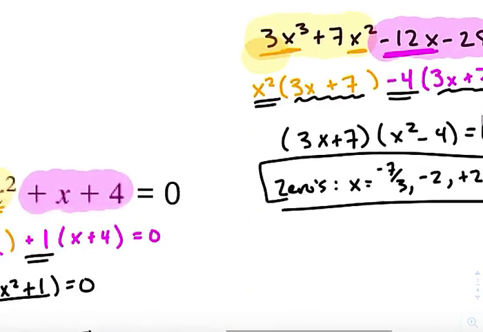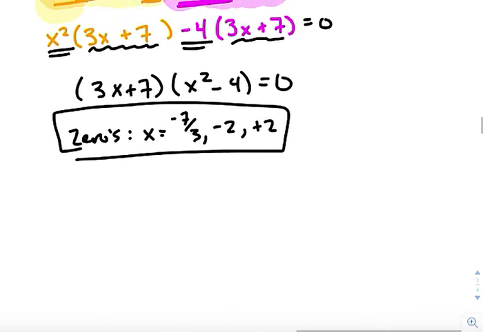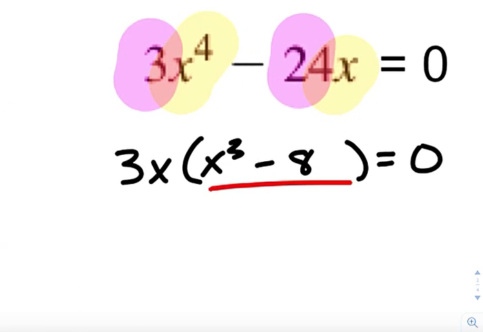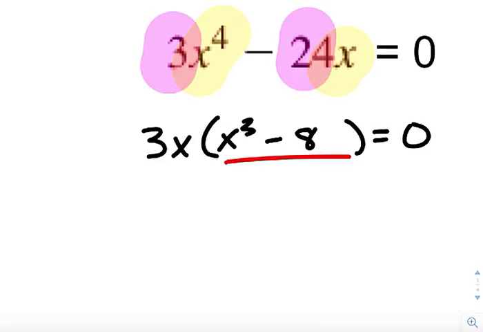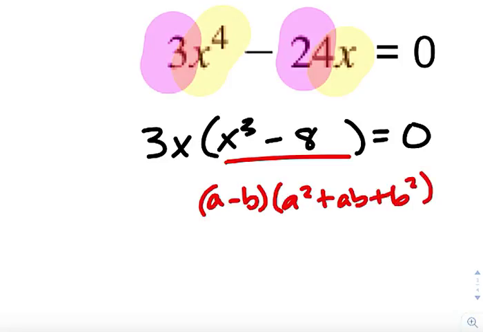Let's go back down to a problem. Okay, here we go. So our difference of cubes is going to be a minus b times a quadratic a squared plus ab plus b squared.